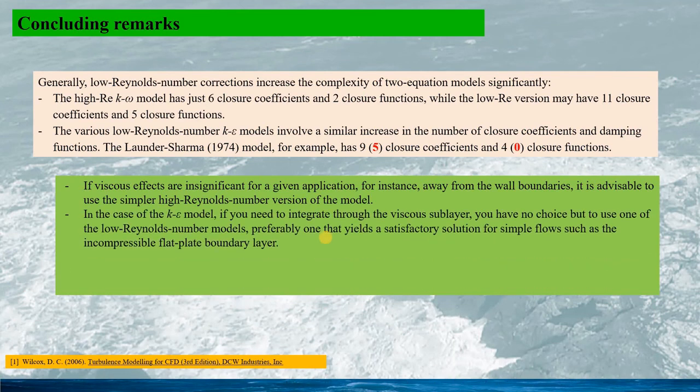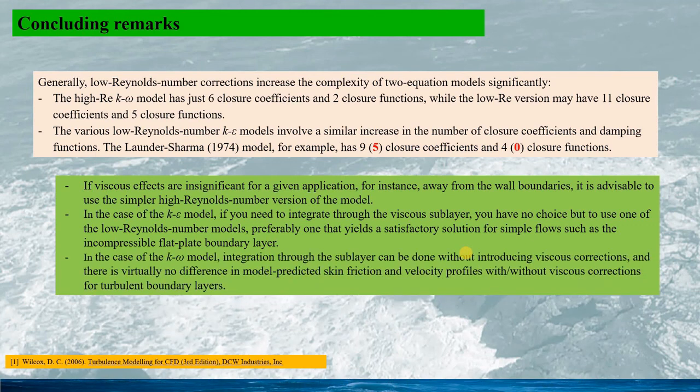In the case of the K-epsilon model, if the integration is needed through the viscous sublayer, the low Reynolds number K-epsilon model must be used. And for the K-omega model, integration through the sublayer can be done without introducing viscous correction. And there is virtually no difference in the predicted skin friction and the velocity profile with or without viscous correction for the turbulent boundary layer.